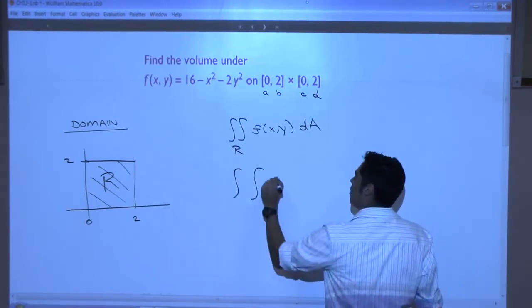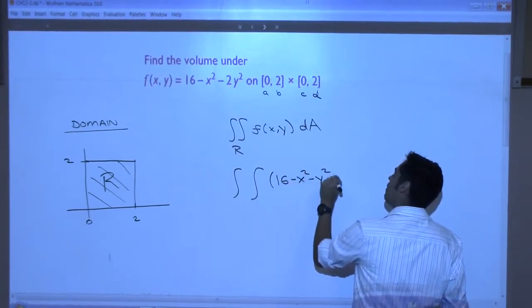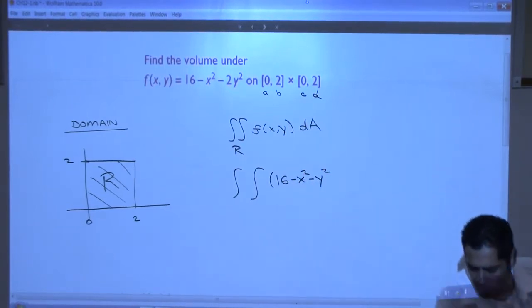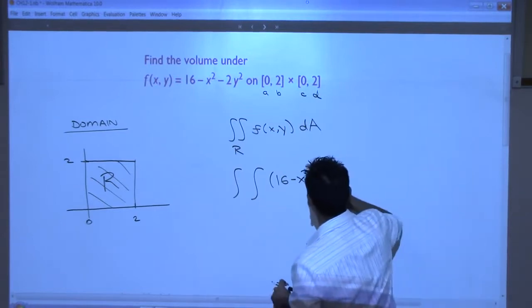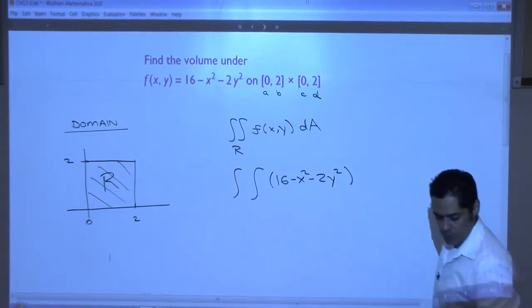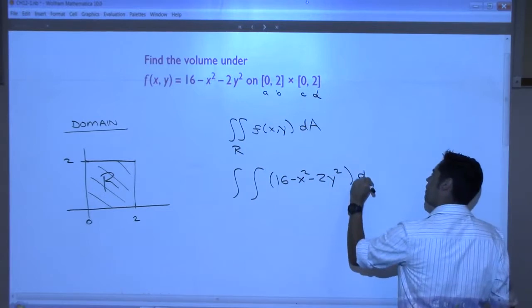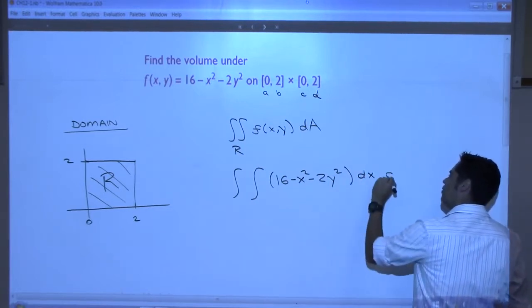Let's go ahead and write the function in here. 16 minus x squared minus 2y squared, oops. Would you like to integrate with respect to x or y first? You want to do x? Okay. Let's do x. And then we'll do y after that.